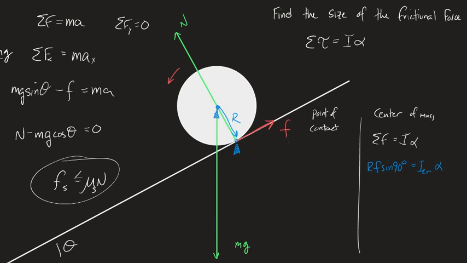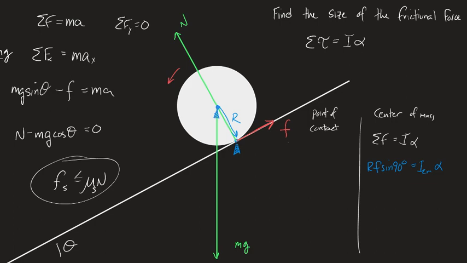Right. The point of contact is harder. So let's do the point of contact. When you're dealing with the point of contact, do you realize that the frictional force is at the point of contact, so it does not provide a torque? Same reason why I didn't bring up the weight, because the weight was acting at the center of mass.